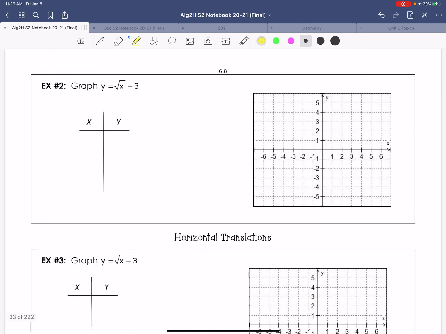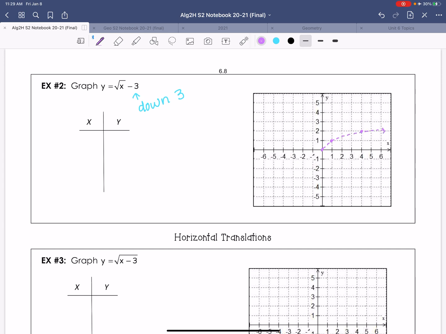All right, so let's look at this guy. Looking at our transformations, this is telling us to go down 3. So we're going to take our parent function and move it down 3. So remember, it goes like so. So here's my parent function.